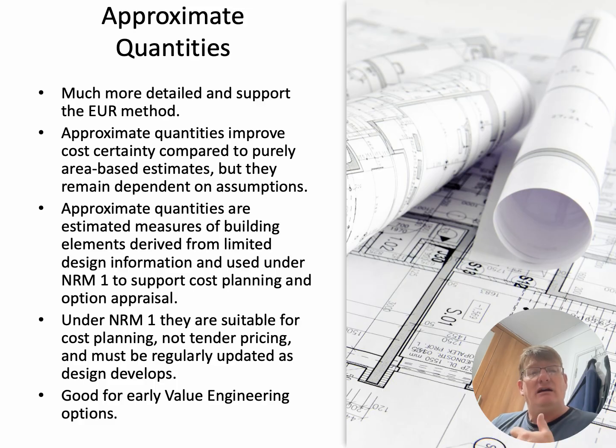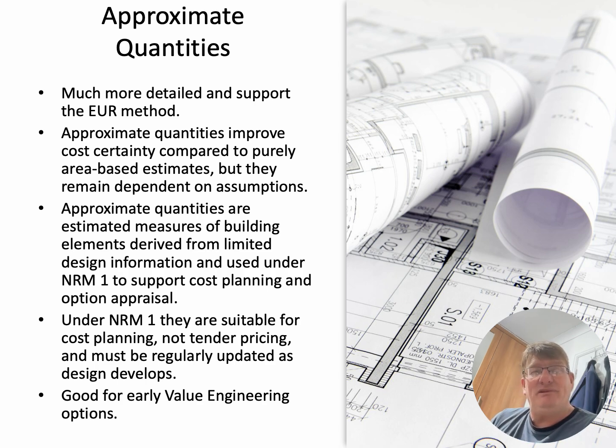Okay, so approximate quantities improve cost certainty, because obviously you're doing a degree of analysis now, compared to sort of purely area-based estimates, which the others are based on. So you do need a little bit more information. You need to have a lot more drawings. You need to have a much more detailed specification to be able to sort of produce these approximate quants.